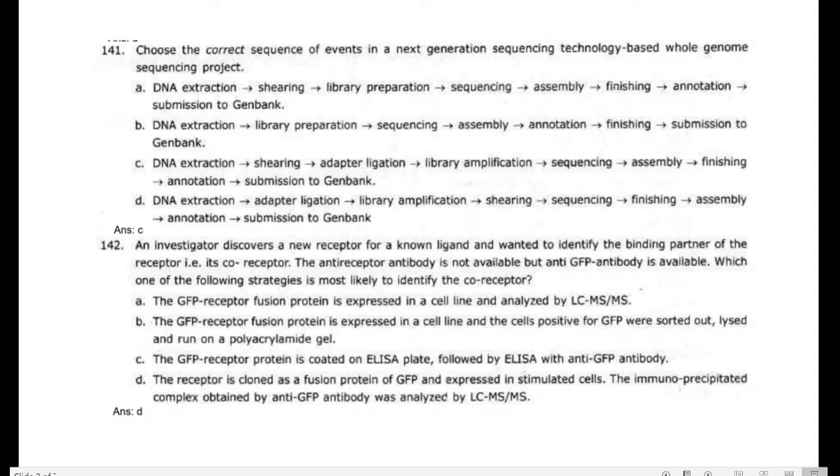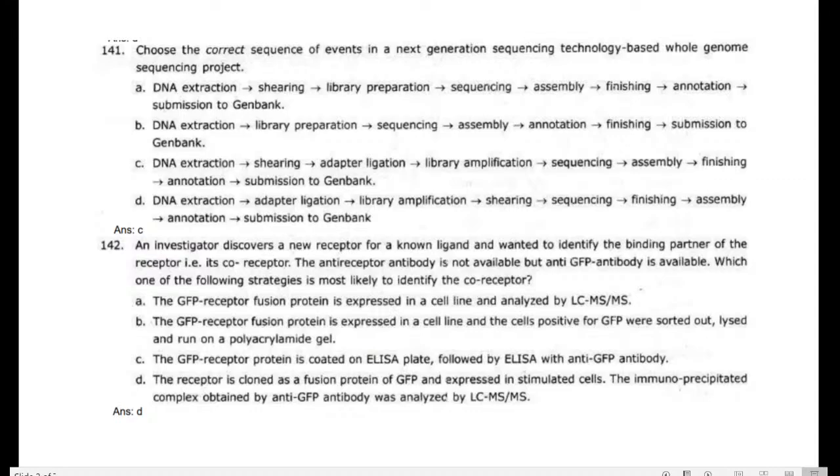Some medical and biochemistry people also know this concept. This next generation sequencing is an integrated process.